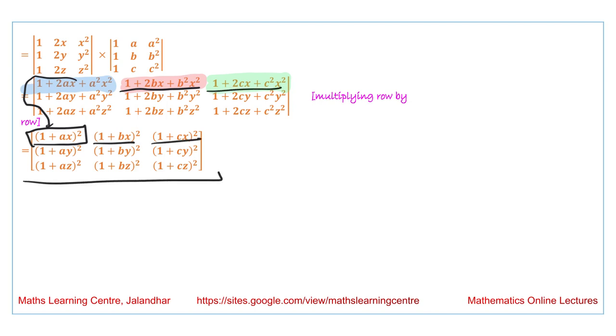So we are obtaining this determinant in this form, and this is what we have to prove. So instead of evaluating both the determinants, we have just rearranged the terms and applied the basic properties that we have already studied, and we have obtained the given result.